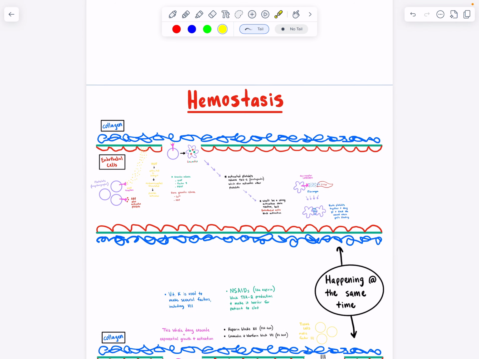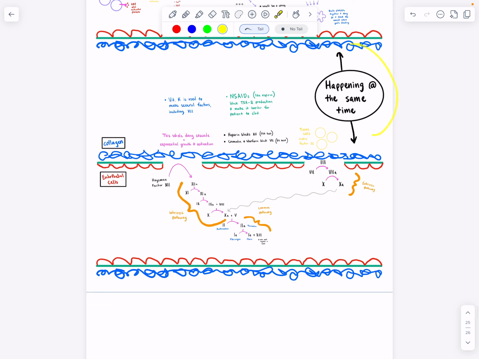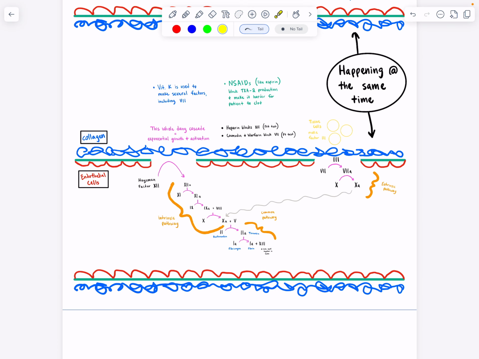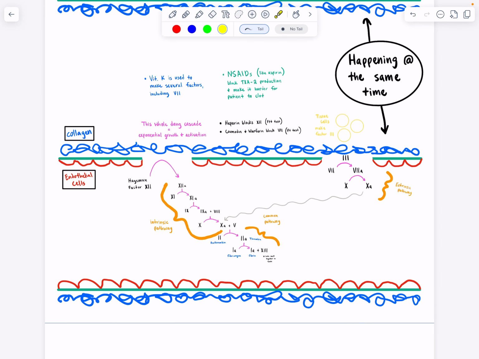The third step is happening at the exact same time as the second step, simultaneously. What happens is that we have this cascade with various factors. The ultimate goal is to make this thing called fibrin.